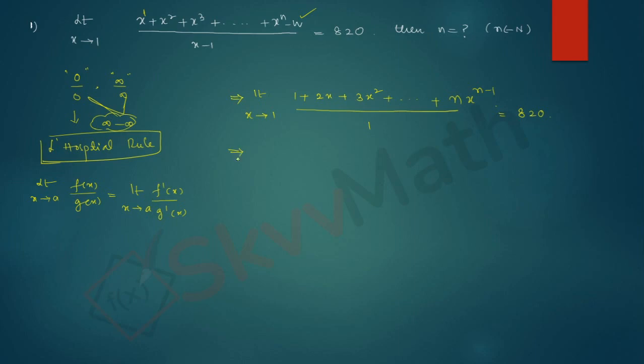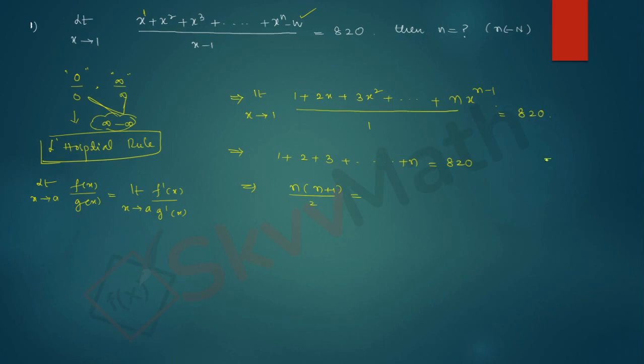Now what we do here, once again you use the substitution method. If you substitute x is equal to 1, what you get here? 1 plus 2 plus 3 plus up to so on n, which is equal to 820. So from this, this is the sum of first n natural numbers, so n into (n + 1) by 2. That is the formula you have.